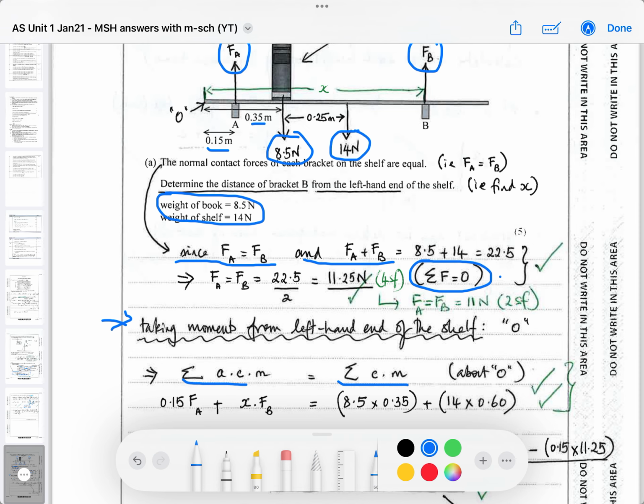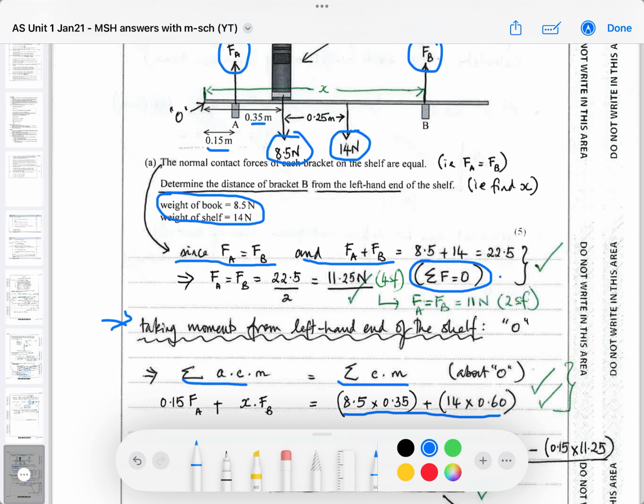Then the 8.5 newtons weight of the book and the 14 newtons are pushing down, so they're trying to turn the shelf clockwise, so you add them together on this side, and as long as you know how to take a moment, they'll give you 1 mark because they'll feel sorry for you, and then the second mark is putting all the numbers in correctly into this equation.